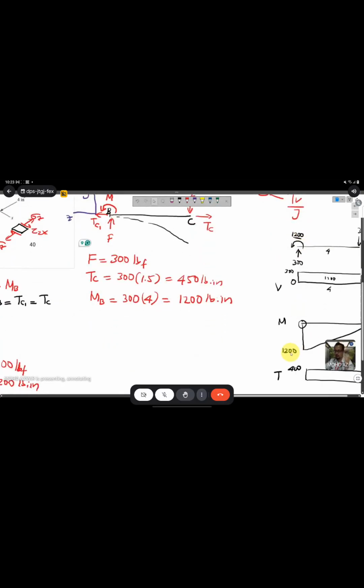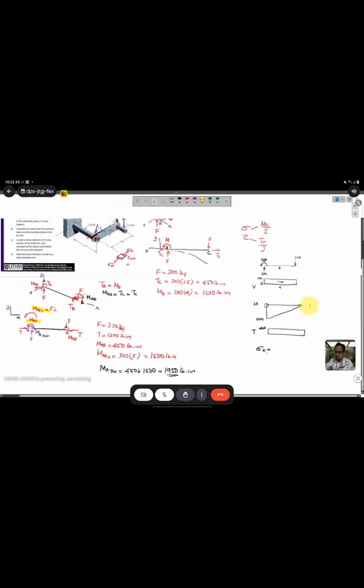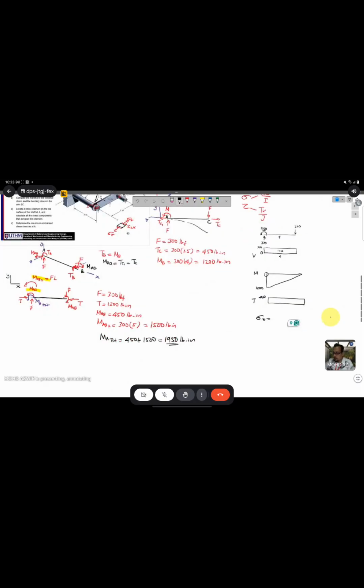This stress is because of this bending load M here, which is 1,200. So you can calculate sigma z. The formula is MC over I. M is actually M at B here, MB, which is 1,200, already calculated here.